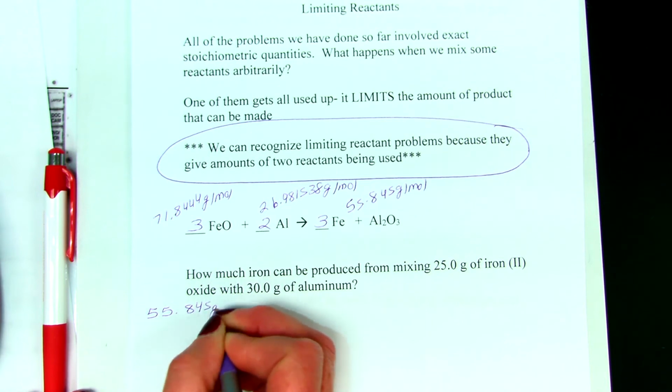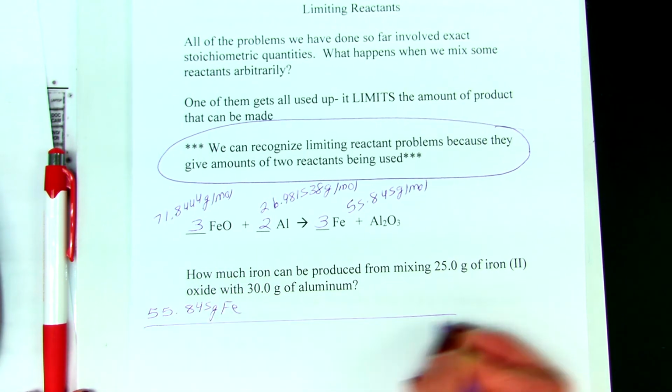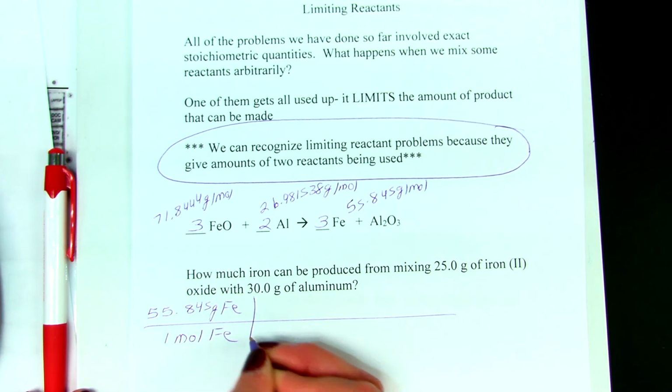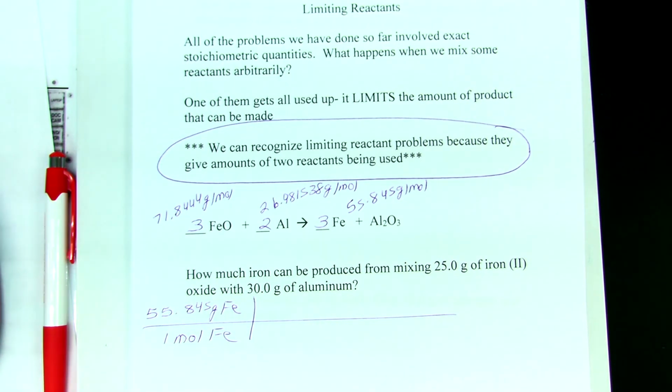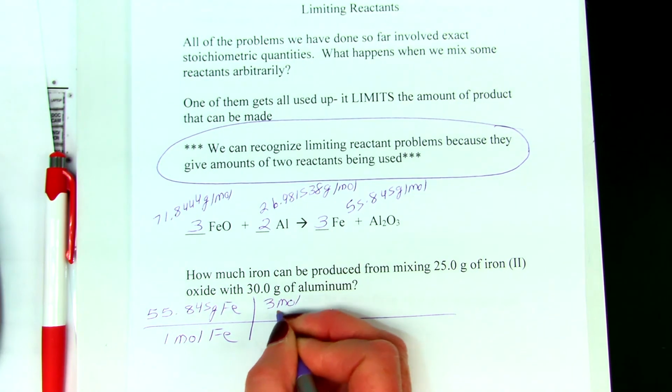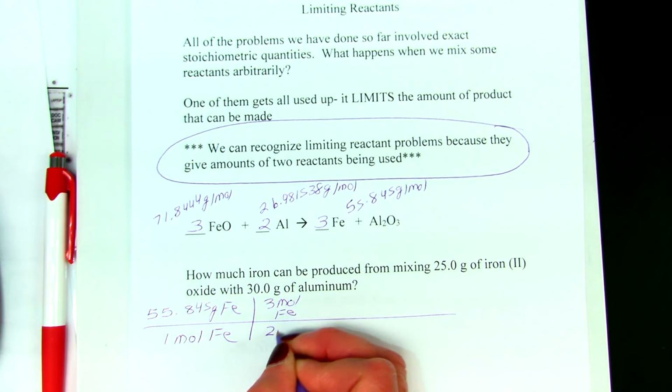55.845 grams of iron is 1 mole. From my balanced equation, I have 3 moles of iron for every 2 moles of aluminum.